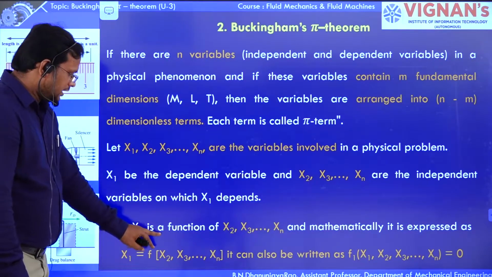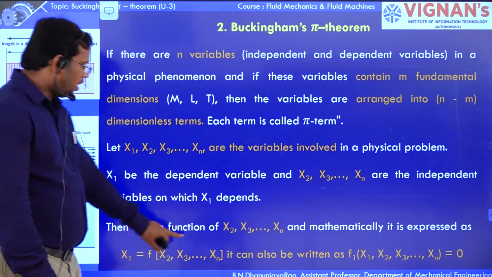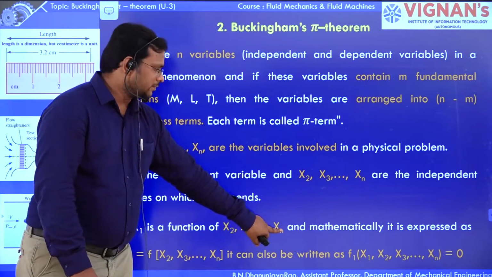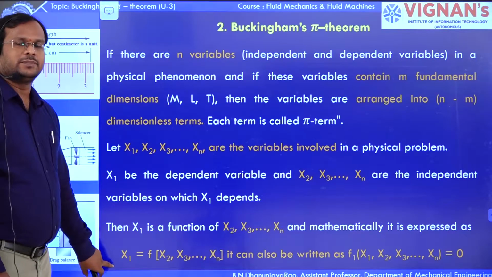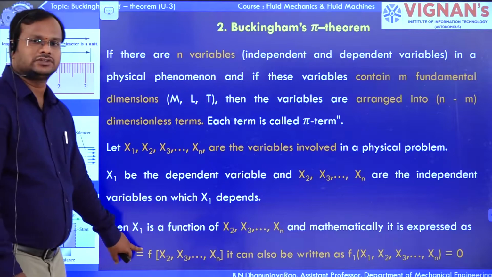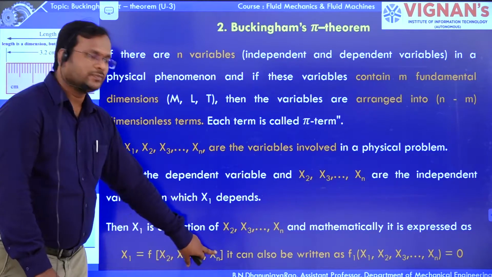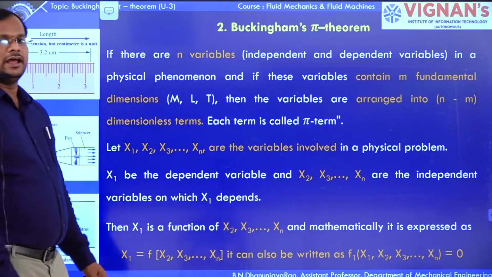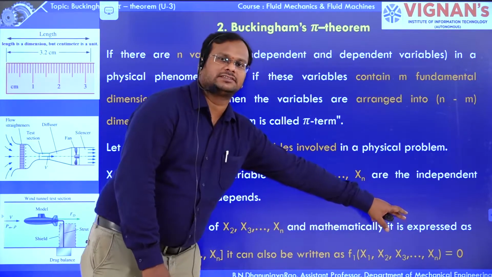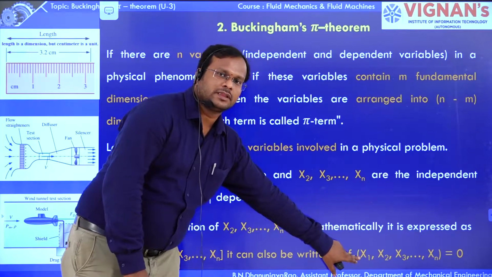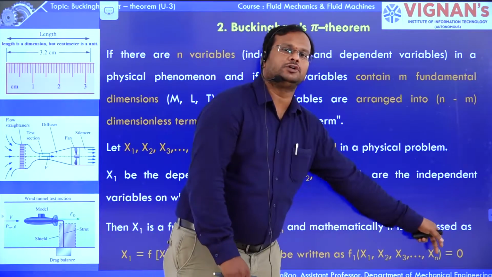Then x1 is a function of x2, x3 to xn, and mathematically it is expressed as x1 equals f of x2, x3 to xn. It can also be written as f1 of x1, x2, x3 to xn equals 0. What is x1 here? The dependent variable, and the remaining are independent variables.